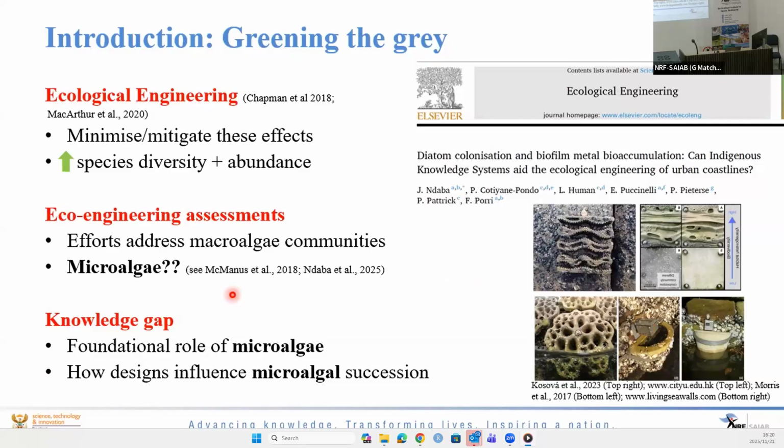So the first study is by McManus 2018, and the second study is a study we published earlier this year. So this presents a knowledge gap given the foundational role of microalgae in coastal environments, and in also understanding how eco-engineered designs facilitate the early colonization, diversity, and functional traits of diatoms.